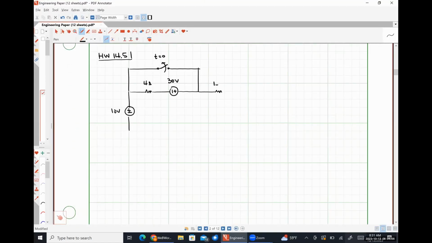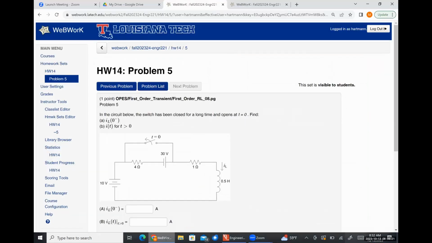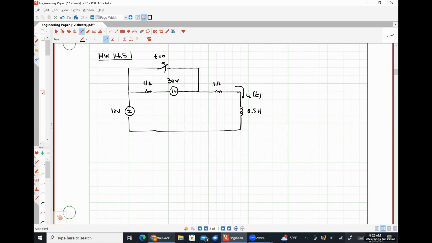Here we have a 1 ohm resistor. Then we have a 1/2 Henry inductance. This is our current IL of t, which I believe we're solving for in this thing. Let's also solve for the voltage drop across this resistor as a function of time.